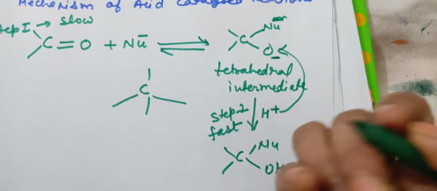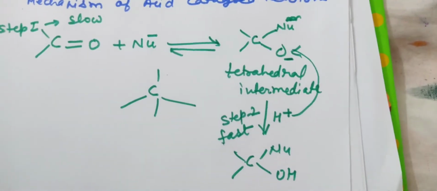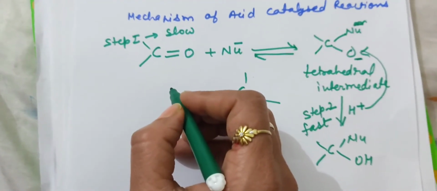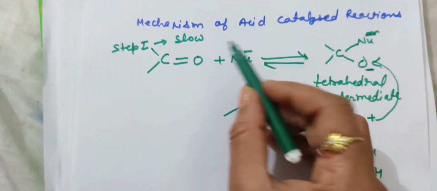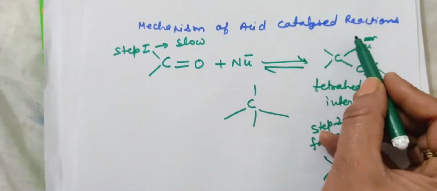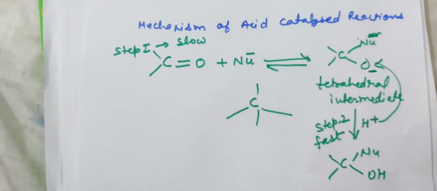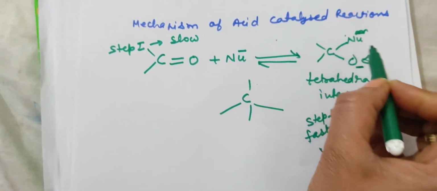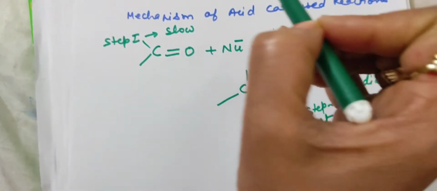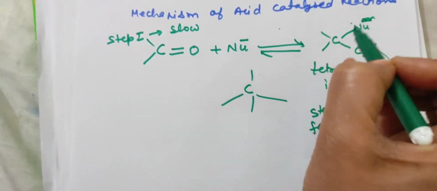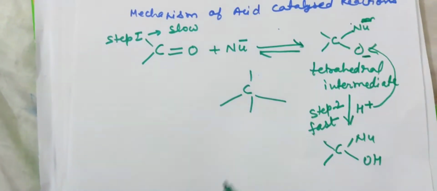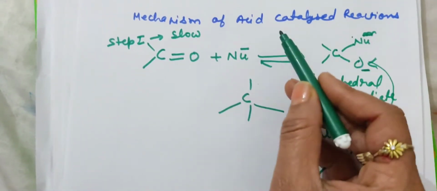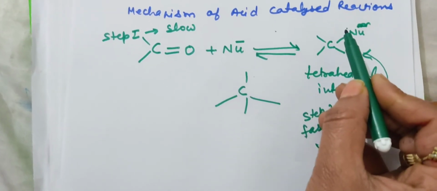Here may be R or H, anything. Here we have two types of reactions, that is acid catalyzed reaction and basic catalyzed reaction. We have discussed acid catalyzed reactions, but the question is: which nucleophiles give acid catalyzed reactions?